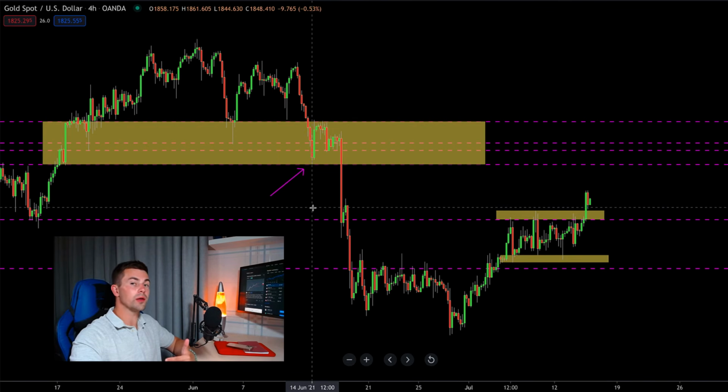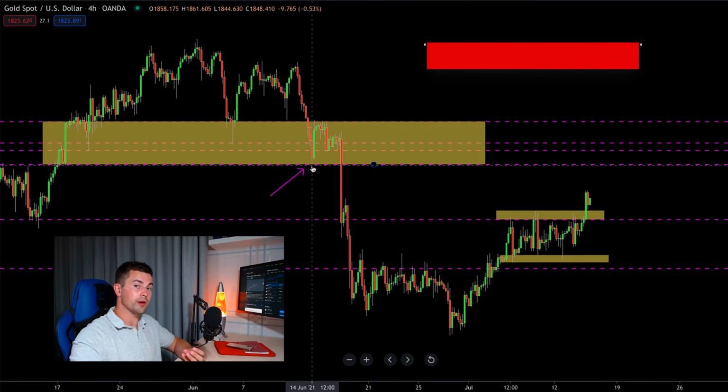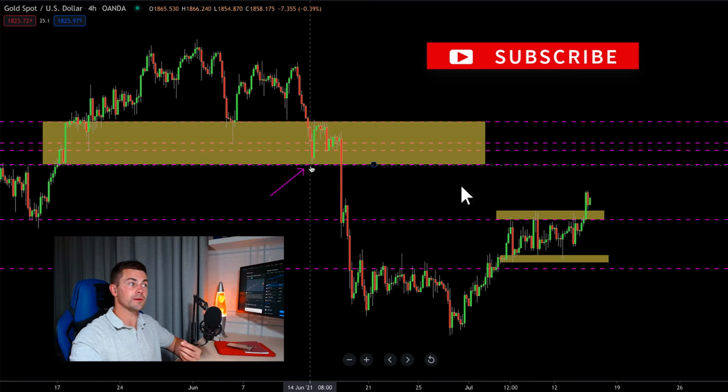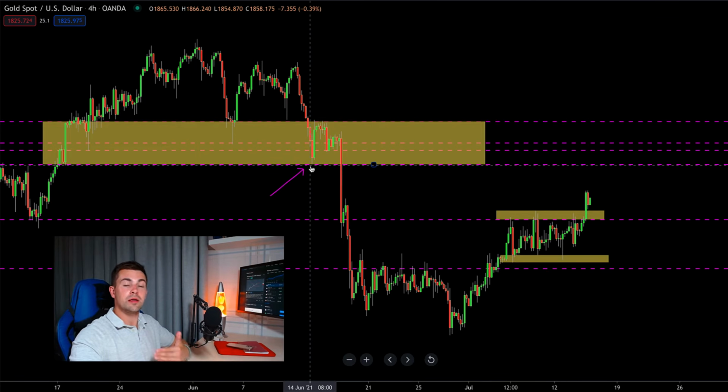Why is the lower boundary important? Because it will be the first point from where the aggressive sellers, for example, will try to sell. So how will we apply that level? We will simply use it for breaking even our position, making it risk-free. Once the price reaches that level, you will simply move your stop loss to your entry.